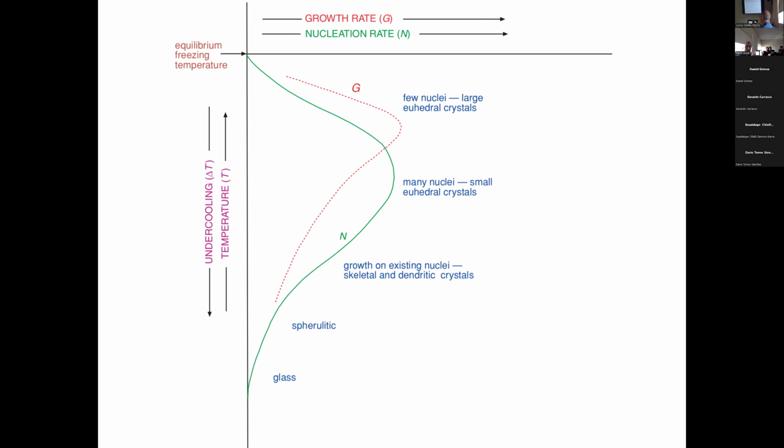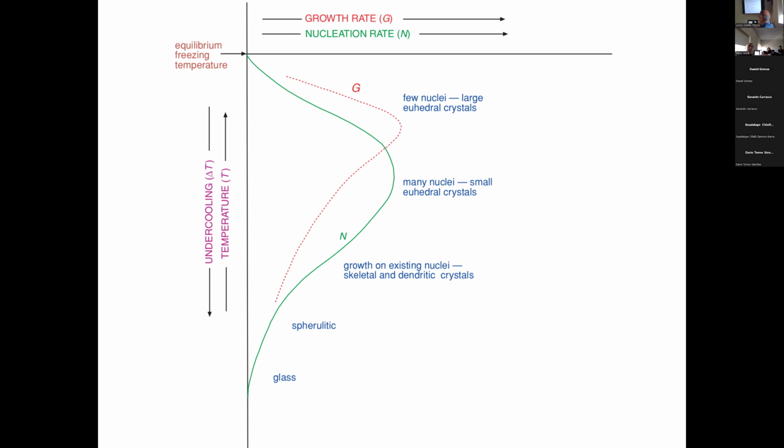I'll talk about this aspect in more detail later, but this diagram summarizes that at low undercooling, you will have few nuclei but large euhedral crystals. Also, the crystal shapes are controlled by undercooling, and we will see in the next slide why.